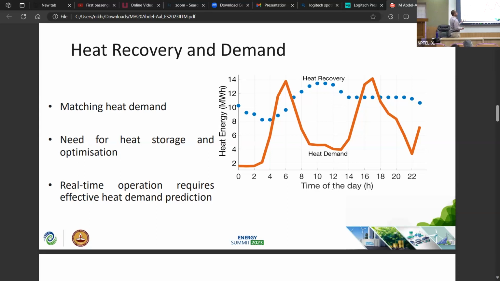So this means you need two things. You need to store the heat at some point, and you need to predict the heat demand. And this is what drives me to use some machine learning tools to predict heat demand.